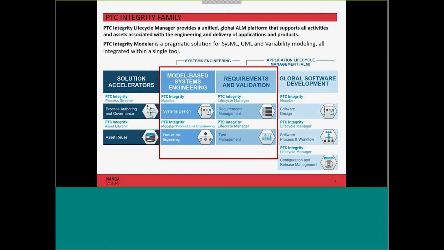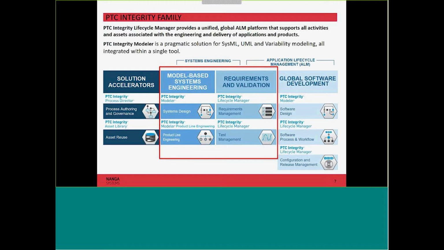One aspect we won't touch too much on today is global software development supported by Integrity Lifecycle Manager. But within there, we can obviously use Integrity Modeler for our UML modeling, software design, and Lifecycle Manager for software process and workflow. So we can use Lifecycle Manager for modeling agile processes to manage our software delivery.